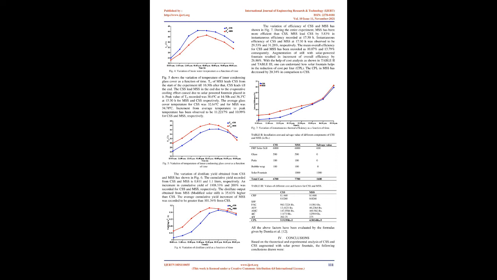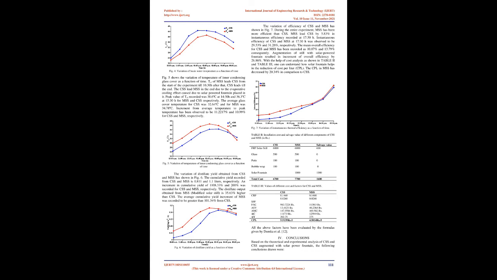Peak value of TCI recorded was 38.6 degrees C at 1430 H and 36.3 degrees C at 1530 H for MSS and CSS respectively. The average glass cover temperature for CSS was 32.64 degrees C and for MSS was 34.78 degrees C. Increment from average temperature to peak temperature was observed to be 11.2217% and 10.99% for CSS and MSS, respectively.